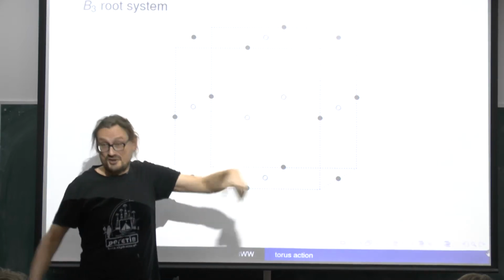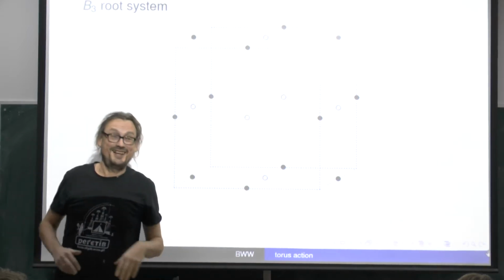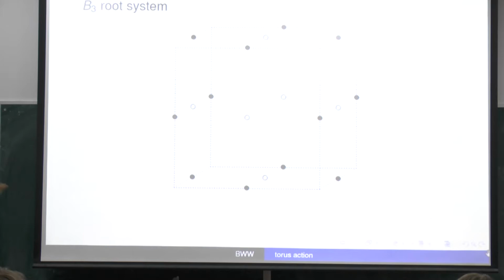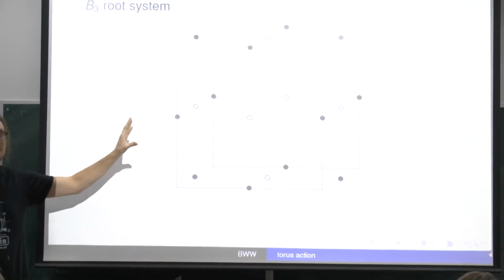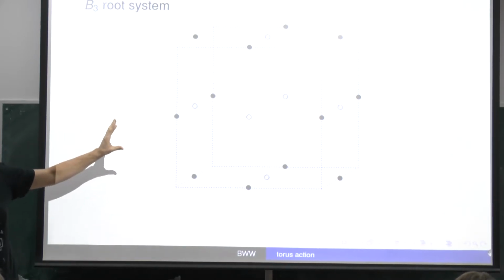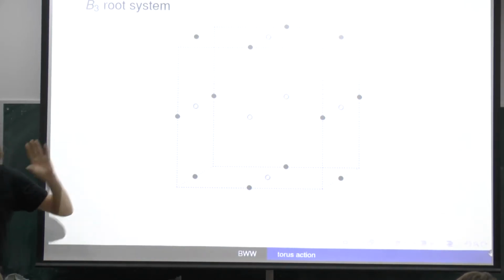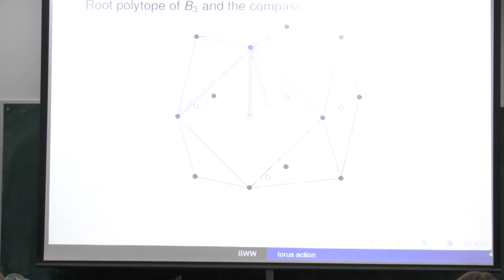I mean, I'm trying now, as Miles did, to shed light from the point of view of representation theory. So here I have the B3 root system, and amazingly, this is what we get. Namely, now the picture is as follows.